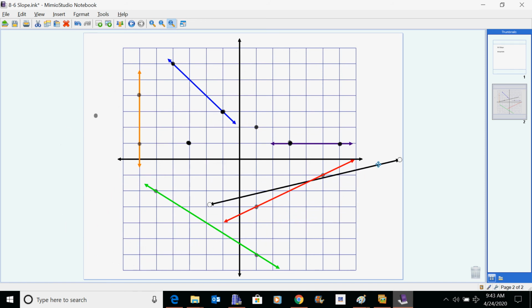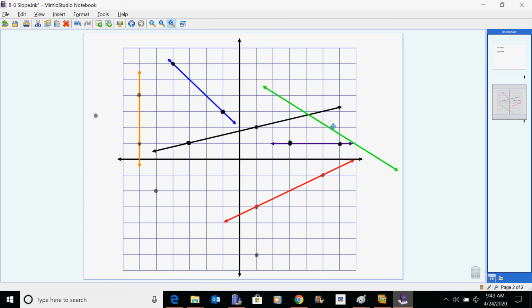The tilt of that line has not changed at all wherever I put it on the graph. It still has a slope of 1/4. This one had a slope of -2/3. But if I drag it somewhere else on the graph, it still has that same pattern of down 2 over 3. It's just found in a different place, the whole line.